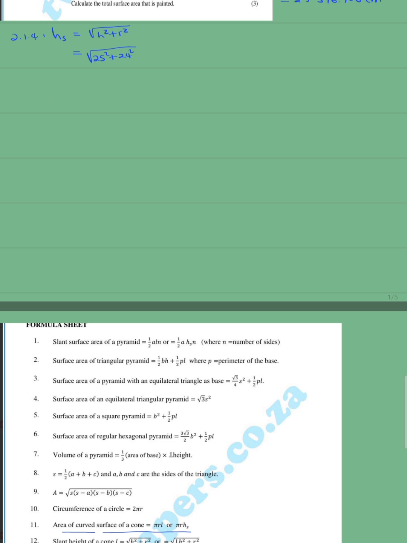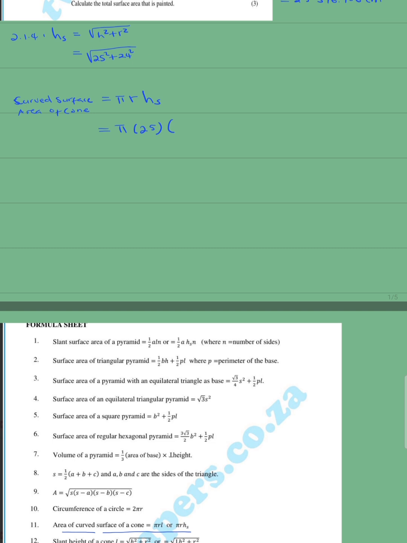Then the formula for the curved surface area of the cone is pi r and the slant height. So our r is the 25 centimeters, and our slant height, I can just write it like this.